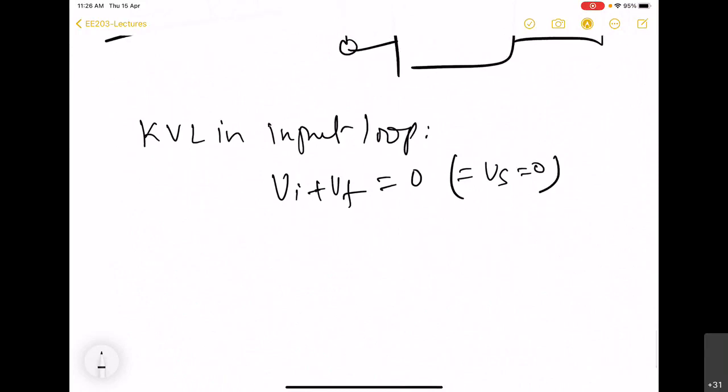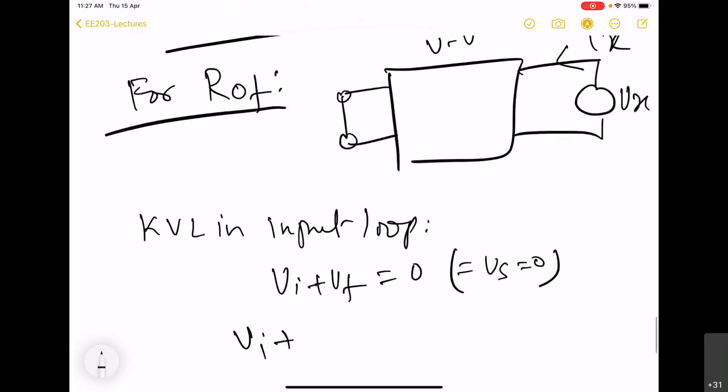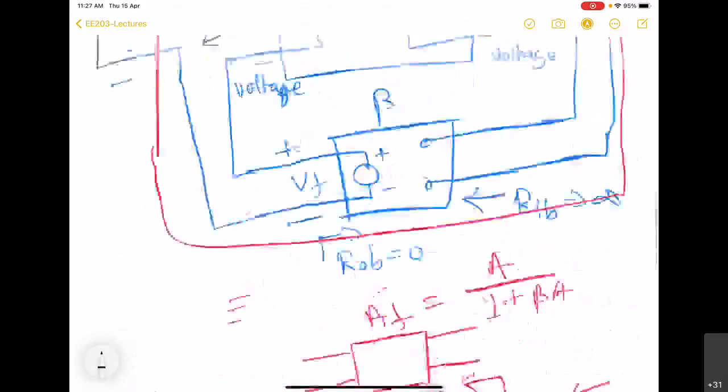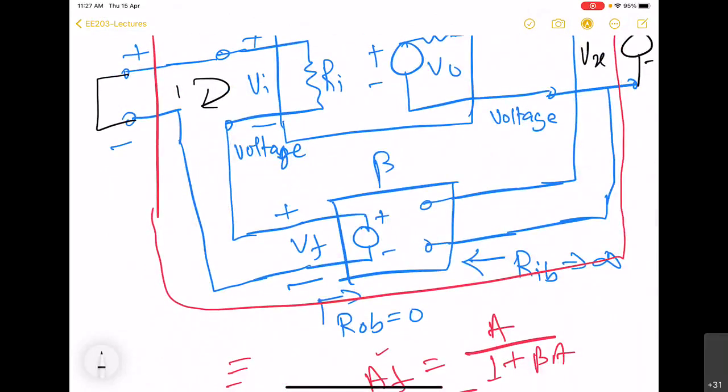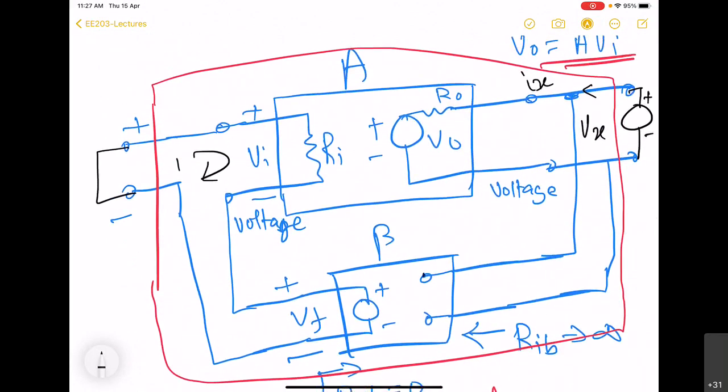So from here, Vi plus Vf is going to be input to the feedback network, and in this case you can see that this input to the feedback network is going to be actually equal to the external voltage that we have applied.